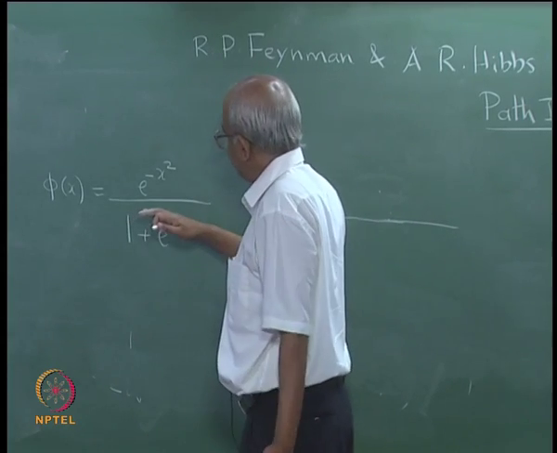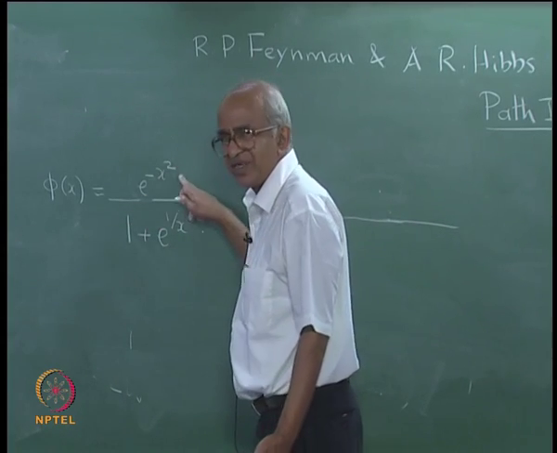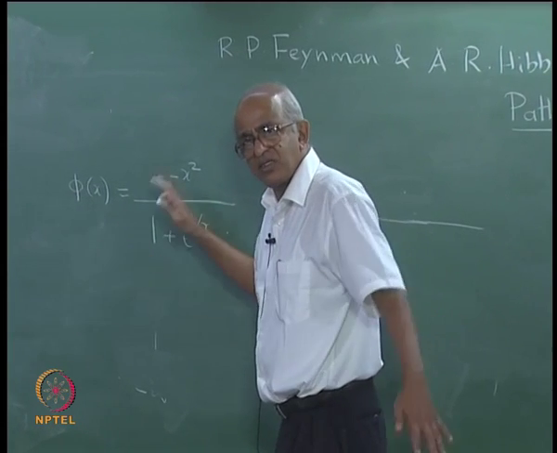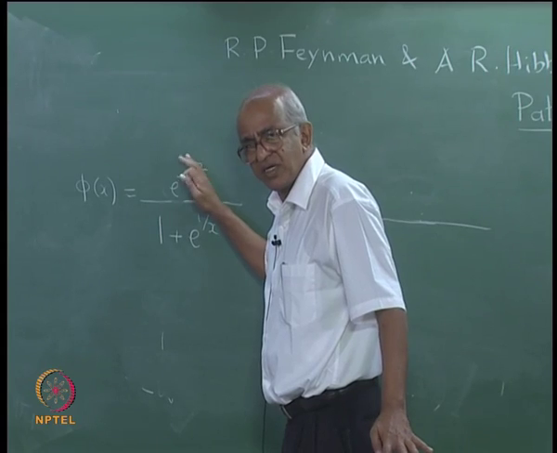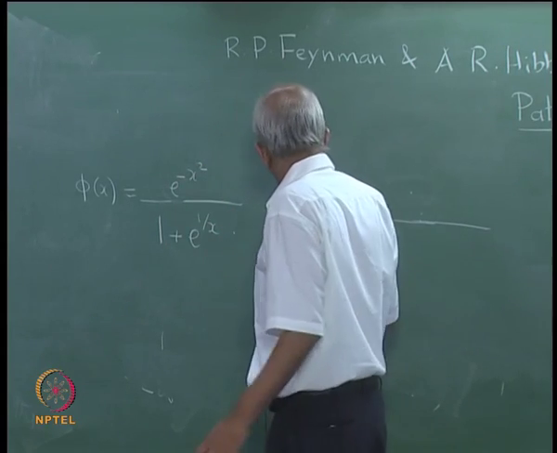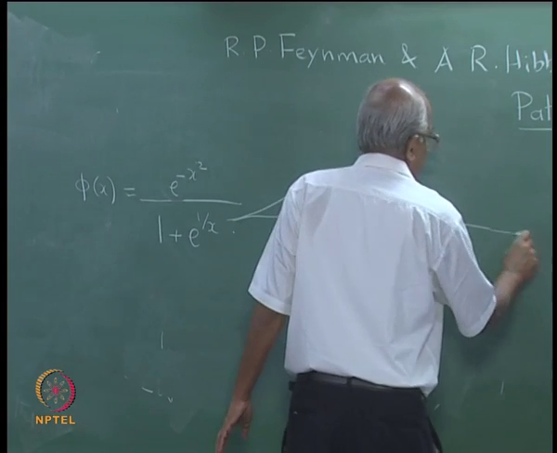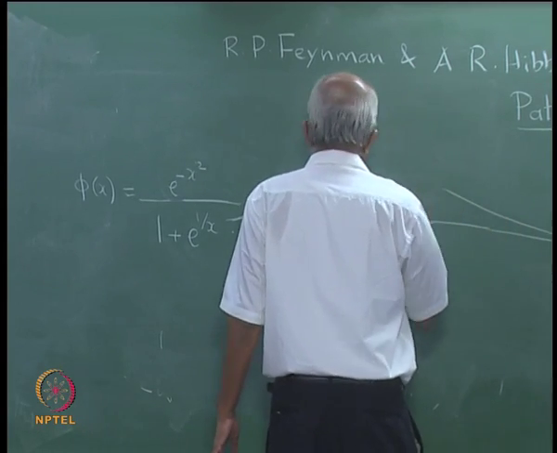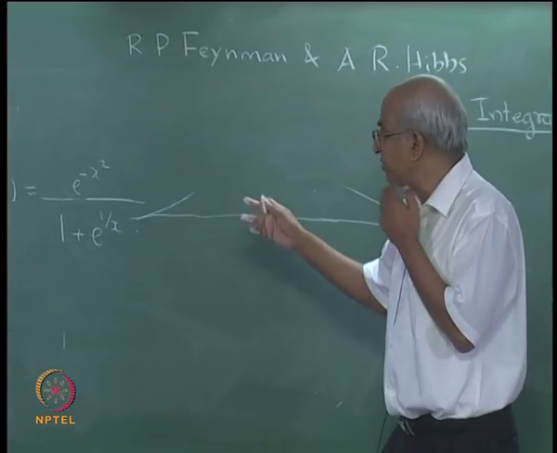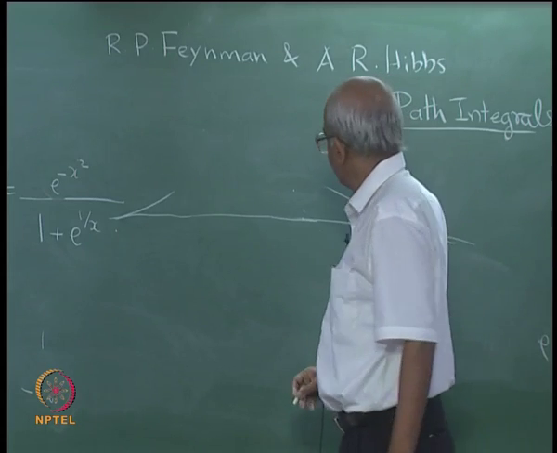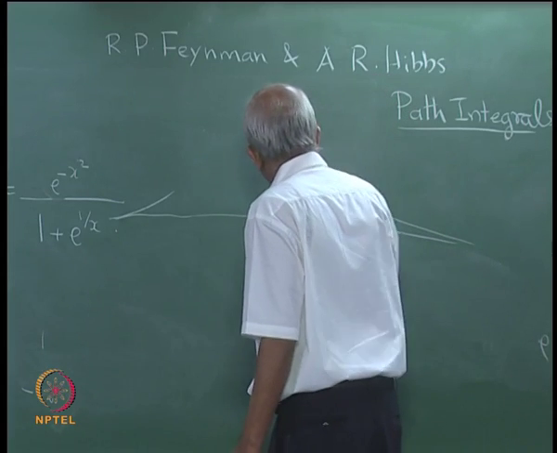Now, if you look at this function, you have e to the power of minus x square. So, as x becomes large, definitely what will it do? It will decrease the function to 0. So, I know that here the function is going to be vanishing, on the other side also the function is going to be vanishing, but the behavior in between is what is very interesting. Okay, this is x is equal to 0.